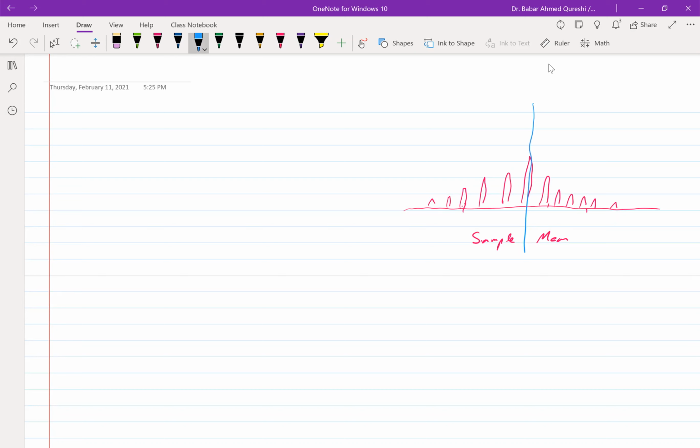So the expectation value of the sample mean itself, this is the symbol for the sample mean, and the mean of the sample mean. You look at this distribution and compute the mean of the sample means. This will be equal to the population mean.